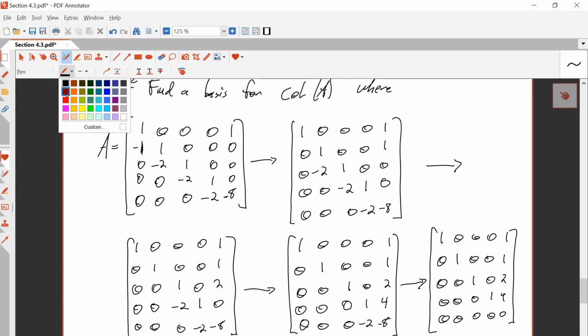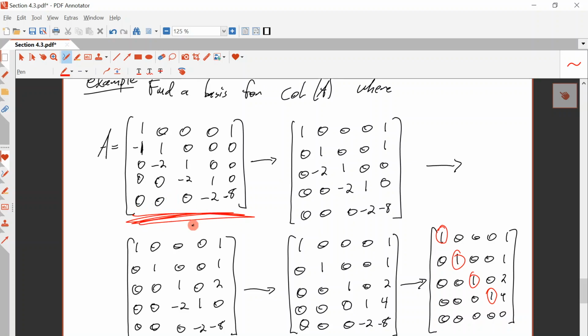So my pivot columns are column 1, column 2, column 3, column 4. No, column 5 is not a pivot column. So columns 1, 2, 3, 4 in A form a basis for the column space of A. Not this. The column space of this matrix is different than the column space of that matrix.